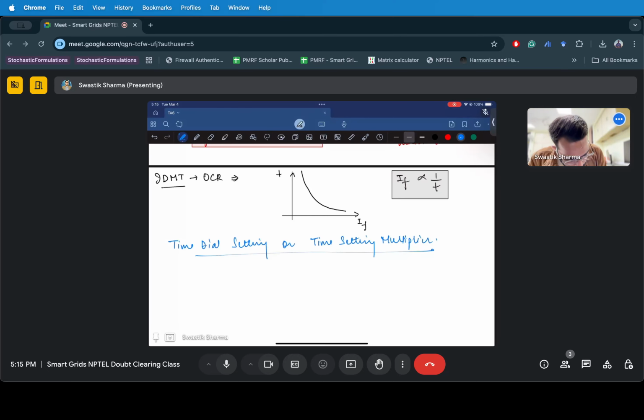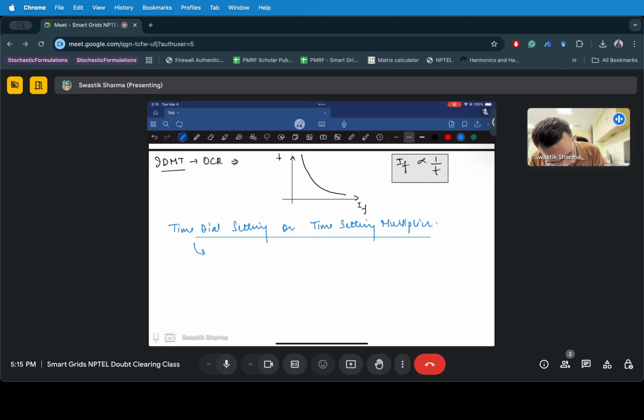So what is the use of this? The use of this is to give you an adjustment setting so that you can adjust the speed at which your relay issues a trip command, right?